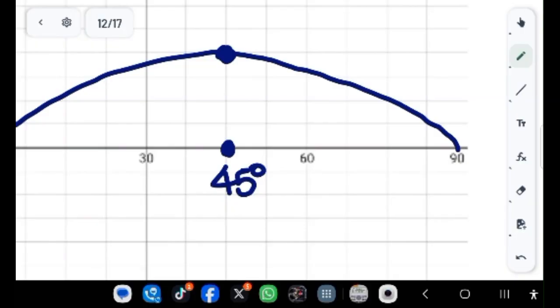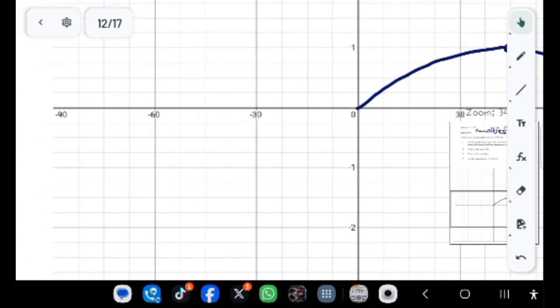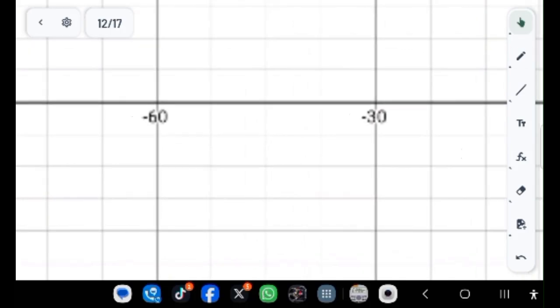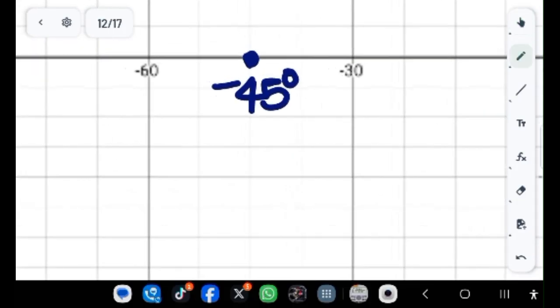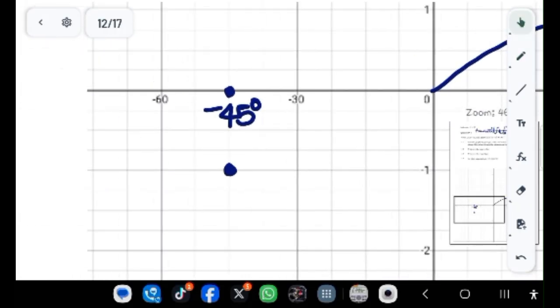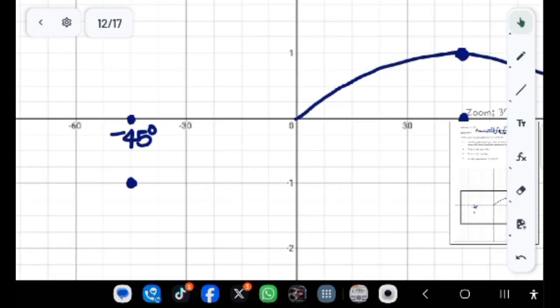There we go. On the other side, same story. At negative 45 degrees, we will have the minimum turning point. And they meet like this.